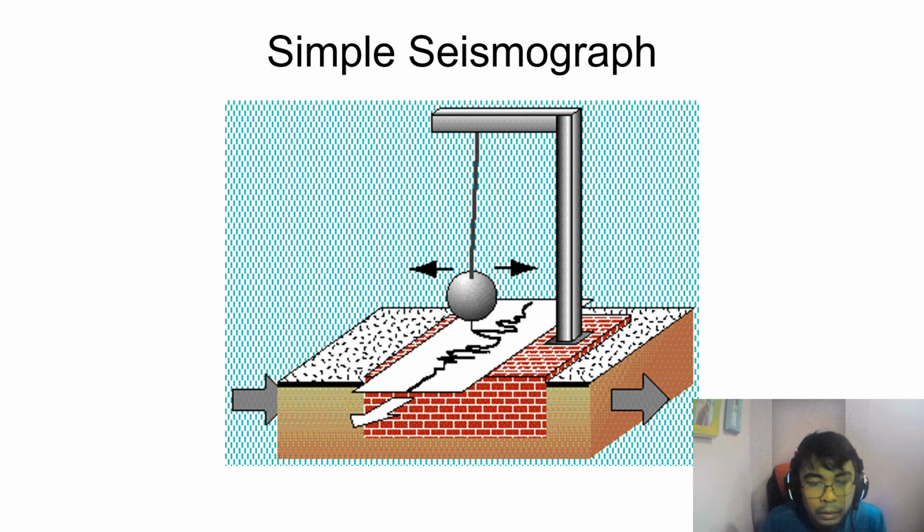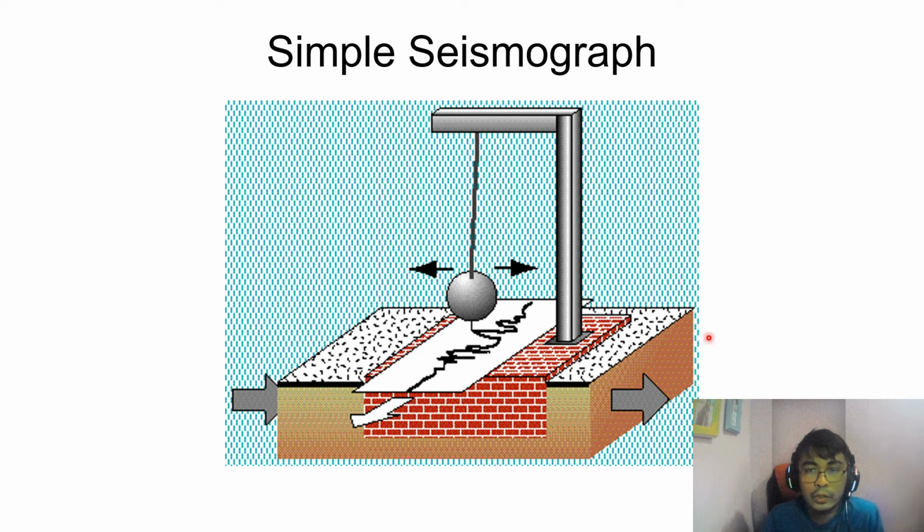Now here, we can actually see what we call seismograph. So what is a seismograph? Seismograph is a device that is used in order for you to record the vibration which was caused by the earthquake. So basically, it's a device used to locate the earthquake. Okay?